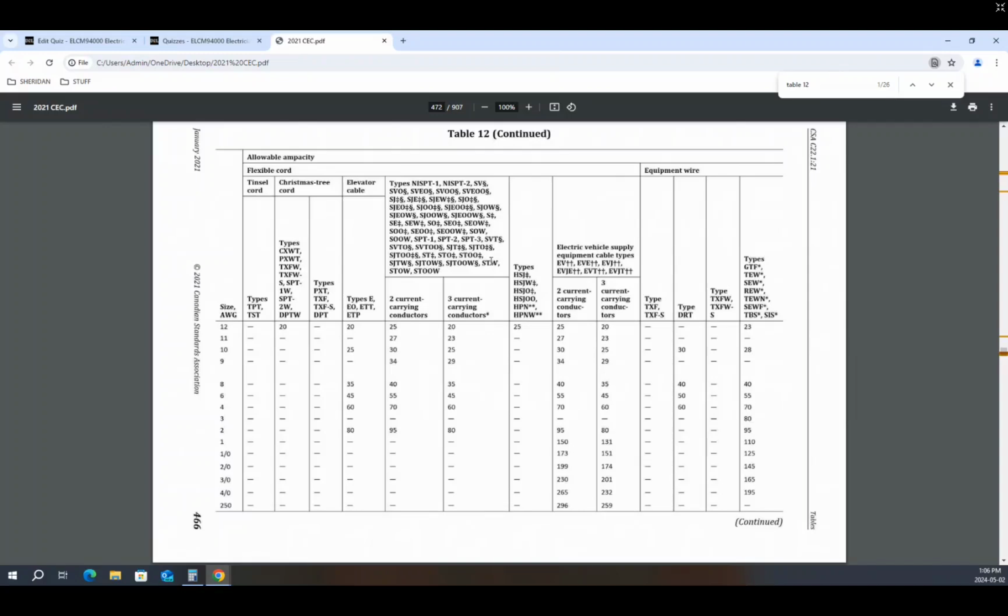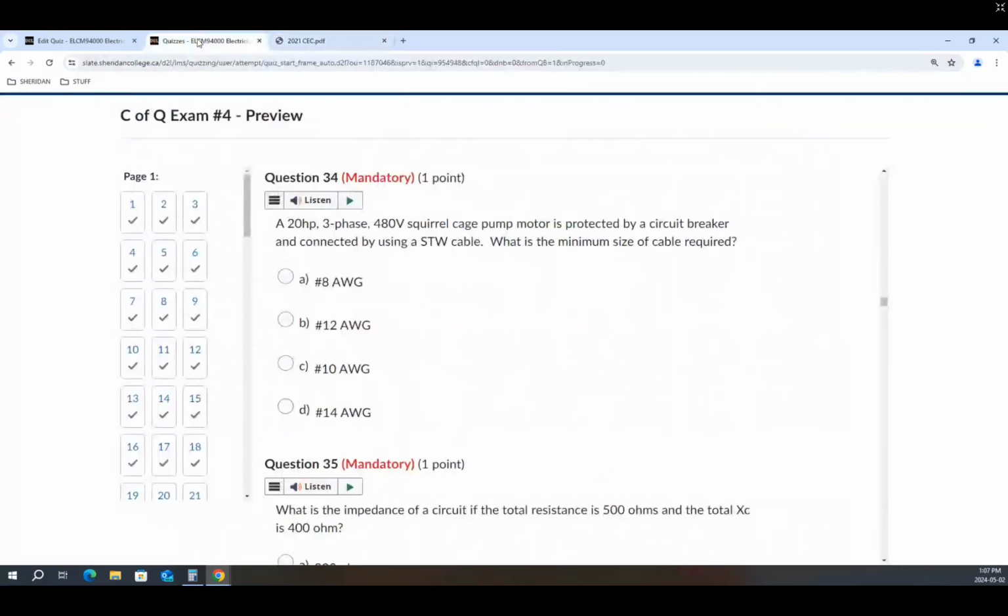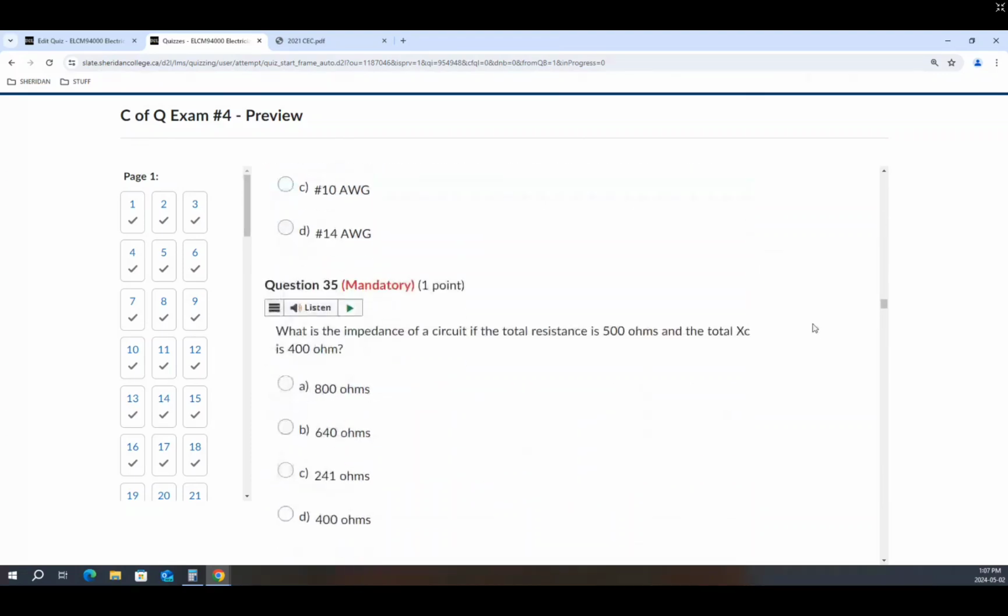And I'm looking for 33.75 amps. So I got to go up to 35. So I'm going to say number 8. Minimum size cable is a number 8.